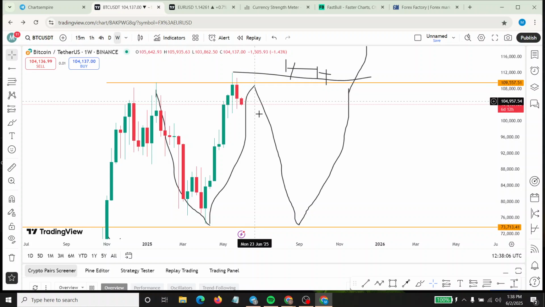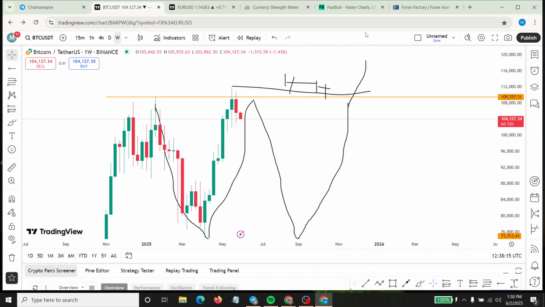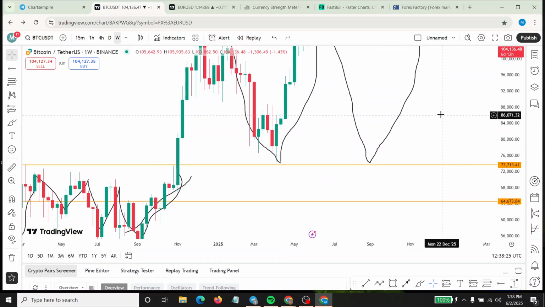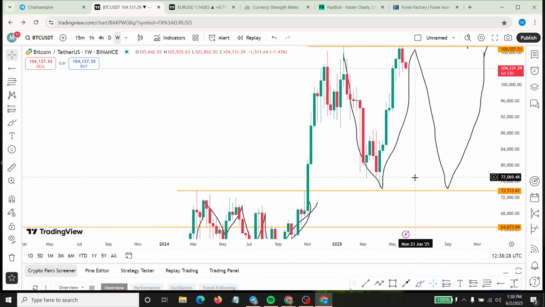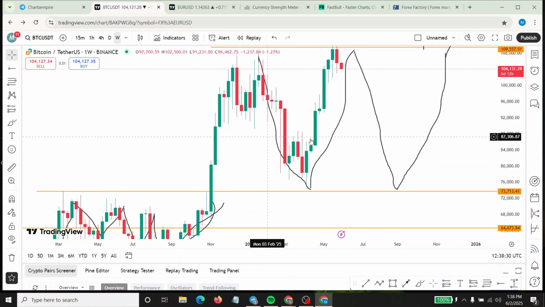The sellers can only push the price down to this region, or sometimes even halfway, and the market will go all the way to create a new higher high. You understand? So you can see now. How would the swing traders have taken advantage of this?